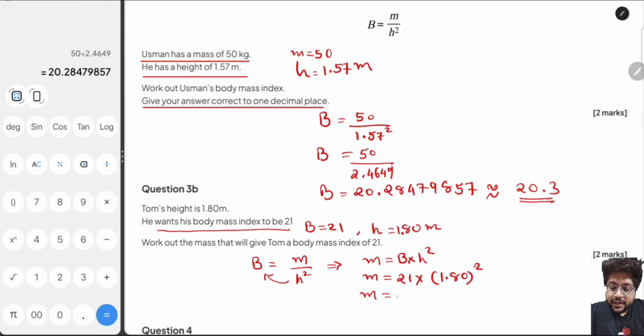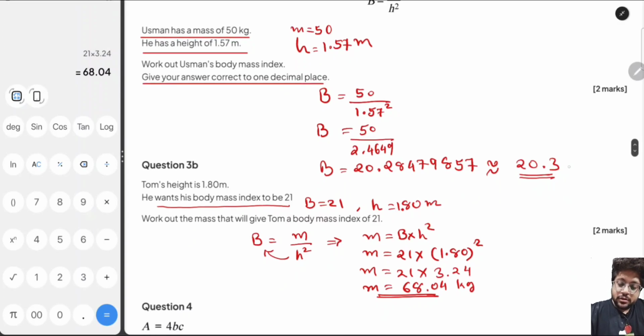So 21 into, let's do the 1.80 square, that is 3.24. So now m is 21 times 3.24. So your answer is 68.04 kg. Don't forget the unit.